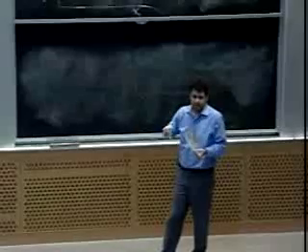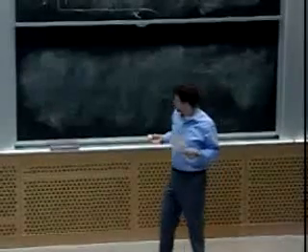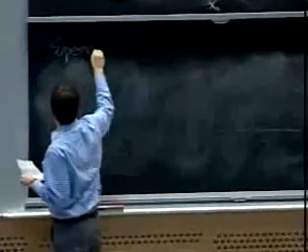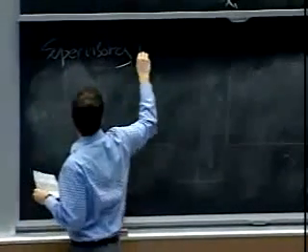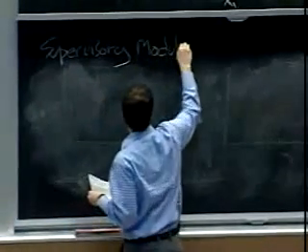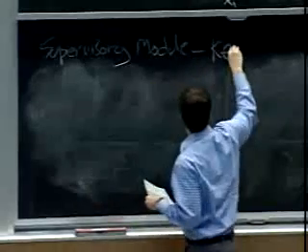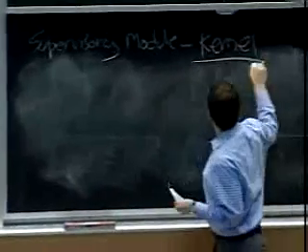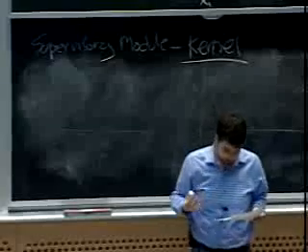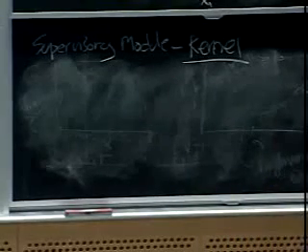So we need some sort of a thing that can manage all of this infrastructure. So this supervisory module is called the kernel. Okay, and the kernel is going to be the thing that's in charge of managing all these data structures for us.